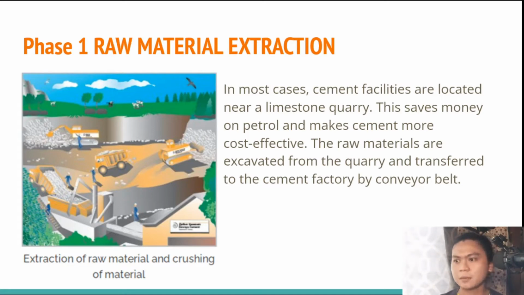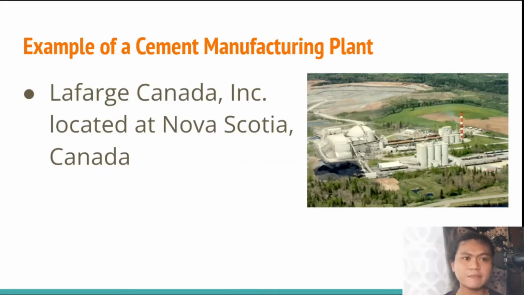So the extraction of raw materials and crushing of materials are all done near the quarry. This is an example of a cement manufacturing plant located in Nova Scotia, Canada. It's Lafarge Canada Incorporated, and as you can see, the cement manufacturing plant is over here, and the quarry where its raw materials are excavated from is here. So that is a cost-effective plan of manufacturing a cement.